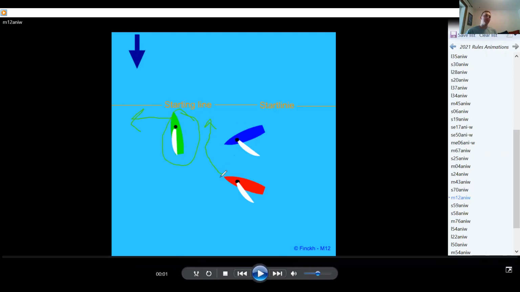Red's other option is to sail down below and then up, and then allow blue to go right here and be below green. Now red's got both boats head to wind, and then red can bear off and then start.